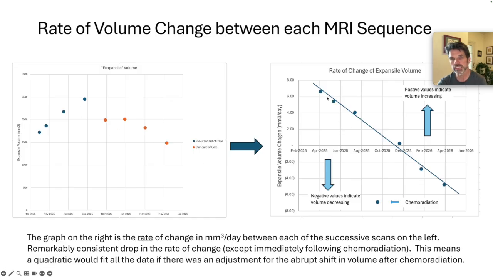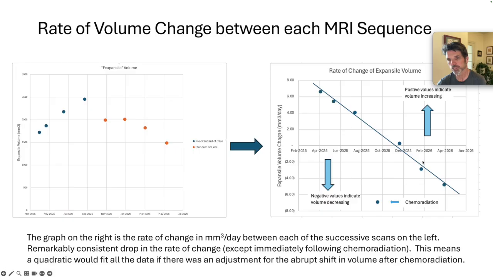So you can see that anything larger than 0 on this chart represents that expansile volume was increasing, and negative values mean that volume was decreasing. And you can see the dramatic effect that time period, including chemoradiation, had, and that you can see obviously from the chart over here is kind of the biggest change sequence to sequence. So that's obviously the large negative change in volume.